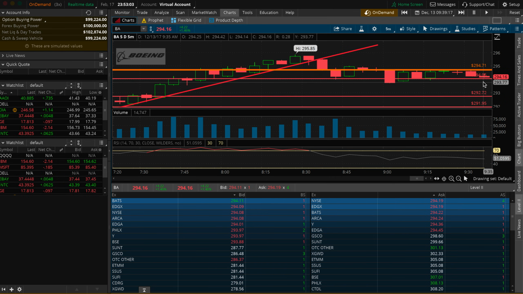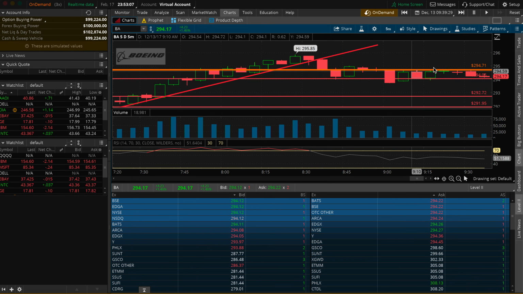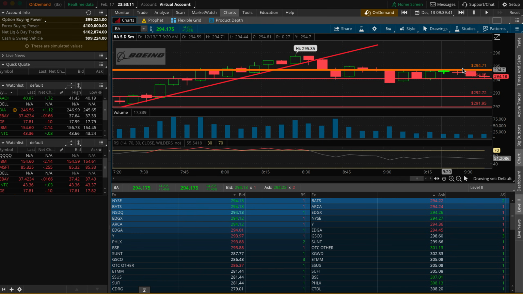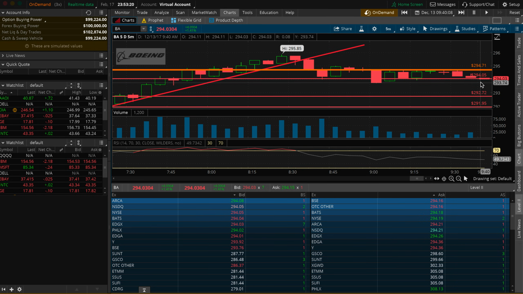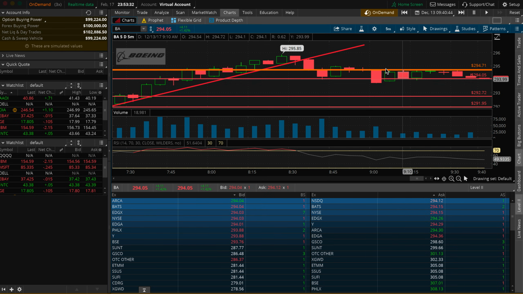If it closes below this, I might buy more puts because this is already showing me weakness. It can't pass this resistance. That's showing me weakness. This close below that, that's showing me extra weakness. So unless this bounces and comes back up, it's showing me extreme weakness. But this is going down.